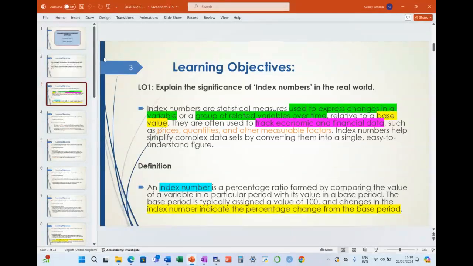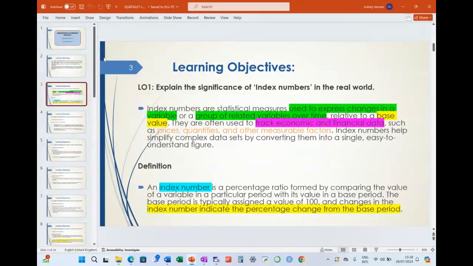You could ask, what was my percentage pass rate in relation to last year's pass rate for this module? Was there an increase or a decrease? Because remember, it's expressing changes in the variable, or sometimes a group of variables.